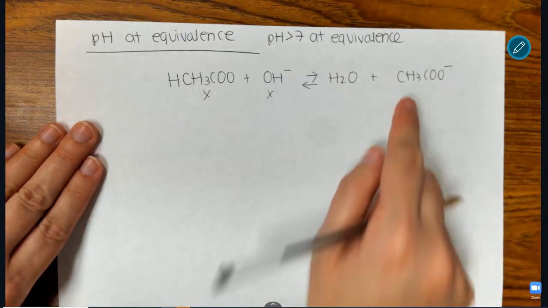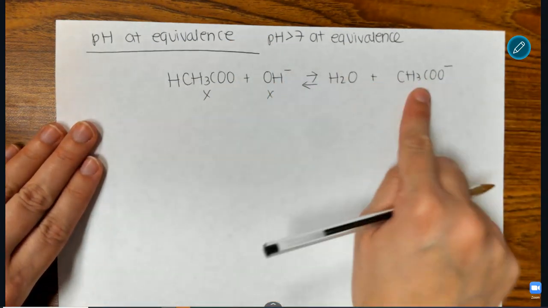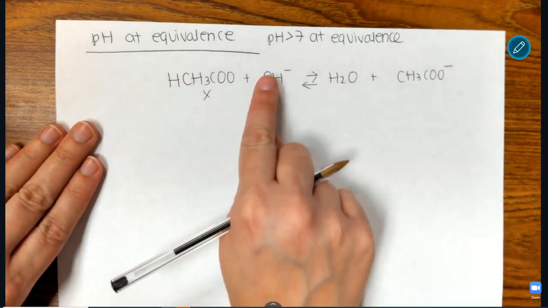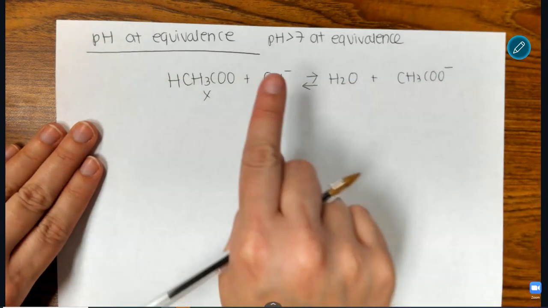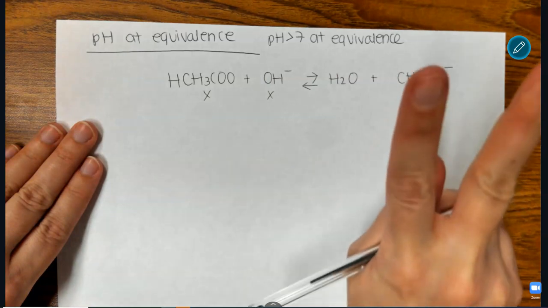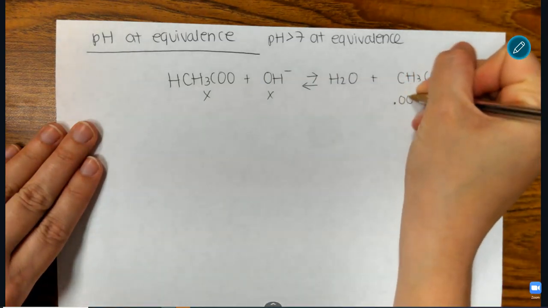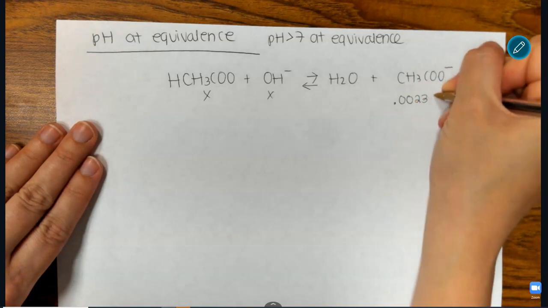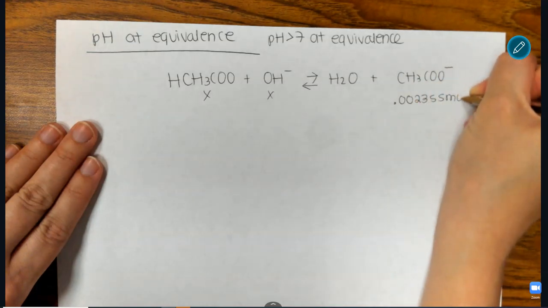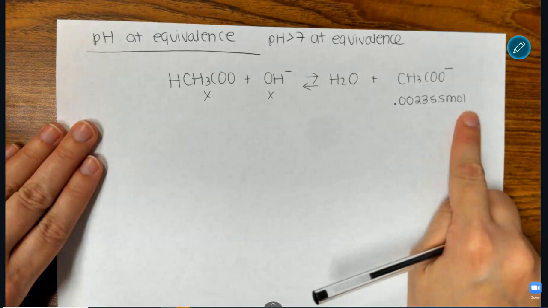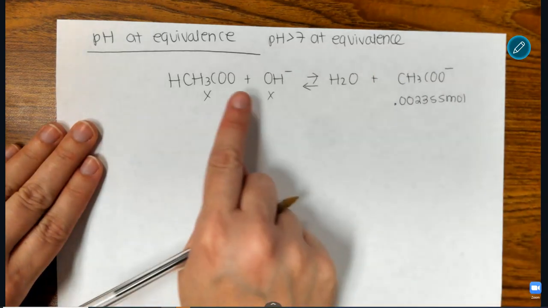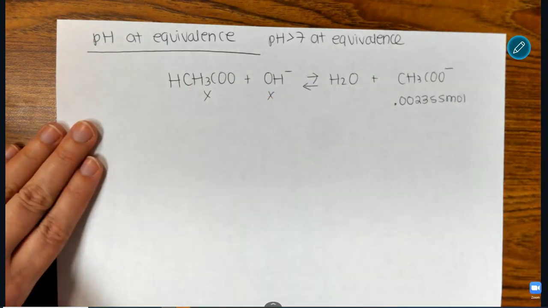And we're only left with water. We don't care how much water is. And this. And the amount, because these are all 1-to-1, the amount of moles of base that I added is for right now moles of conjugate base. And I'm saying that with parentheses because I'll explain in a second. So that's how many moles of this that were technically made, because all of this neutralized all of this.